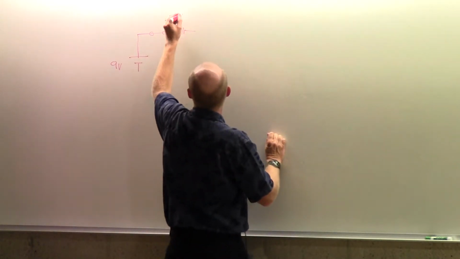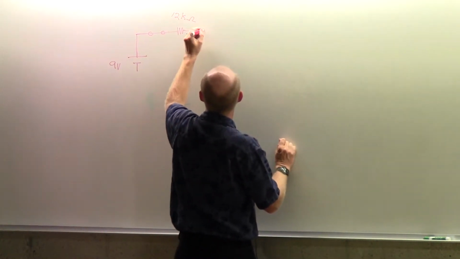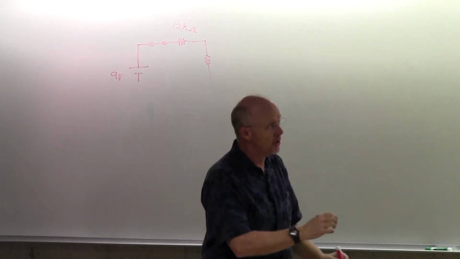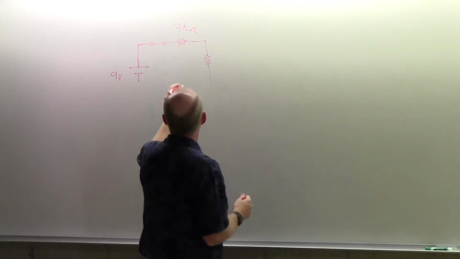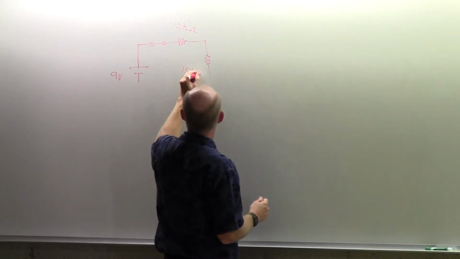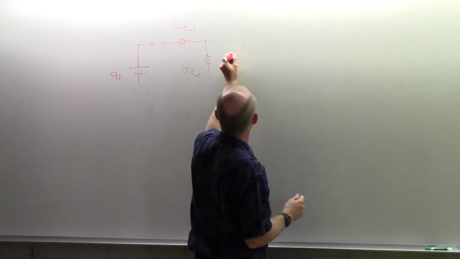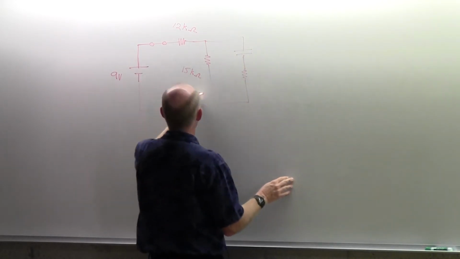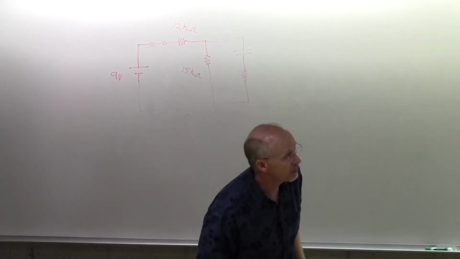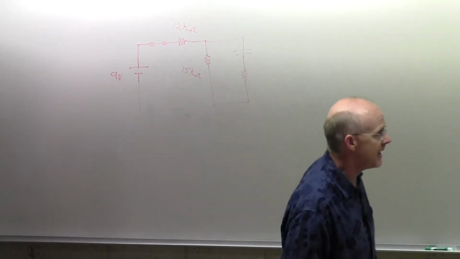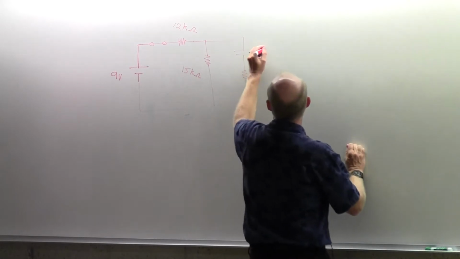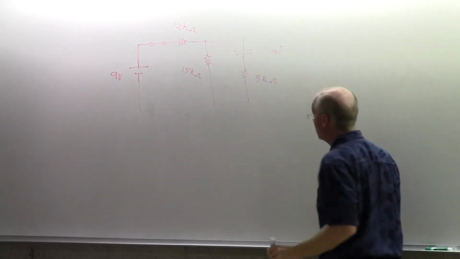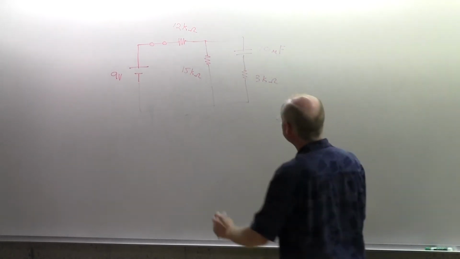This 12 kilo ohm resistor has current that is going to split off and go through the 15 kilo ohm, but also split off and go to this far right branch. And this far right branch has a 10 microfarad capacitor and a 3 kilo ohm resistor. Fair enough?